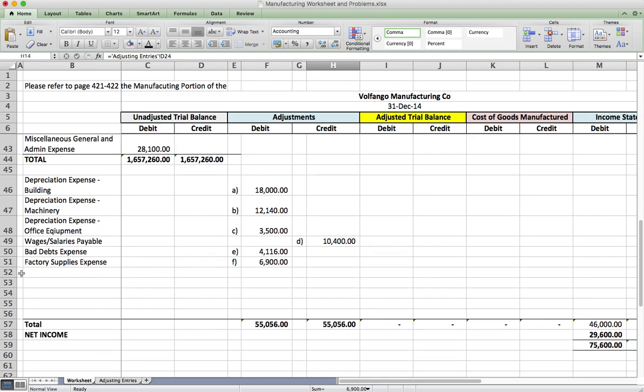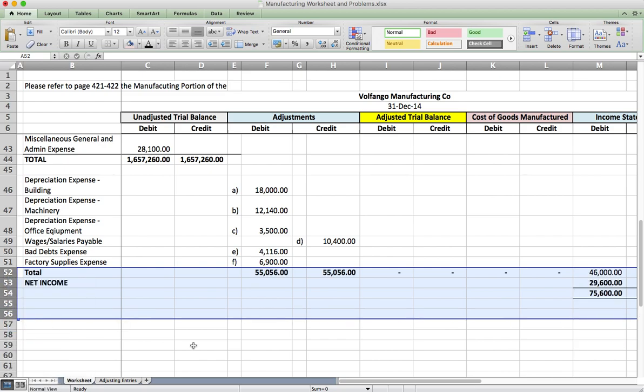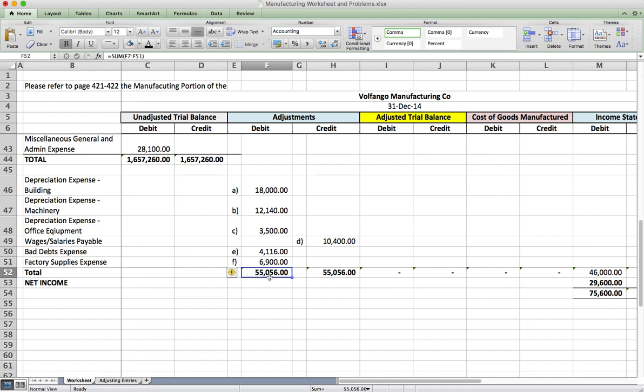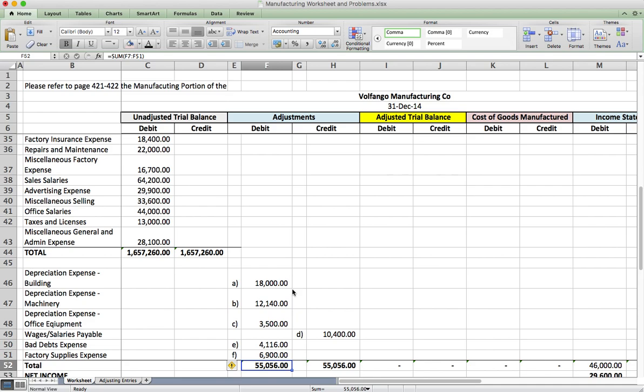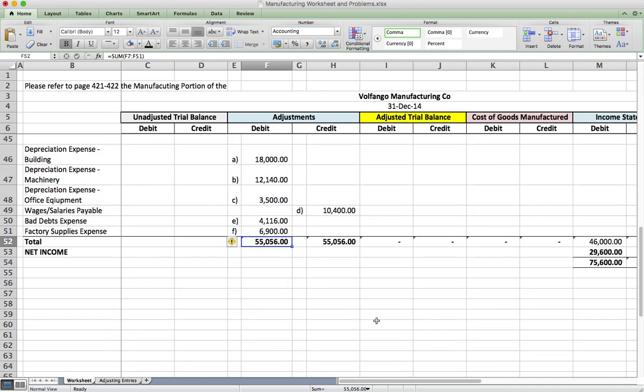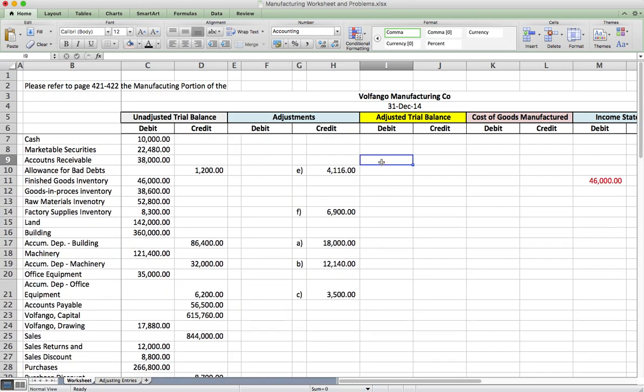Okay? Wala na pala dito eh. So, delete na natin tong line na ito. Ayan. Ang total ng adjustments natin ay 55,005.6. So, gawin natin yung adjusted trial balance. For cash, wala, di ba?